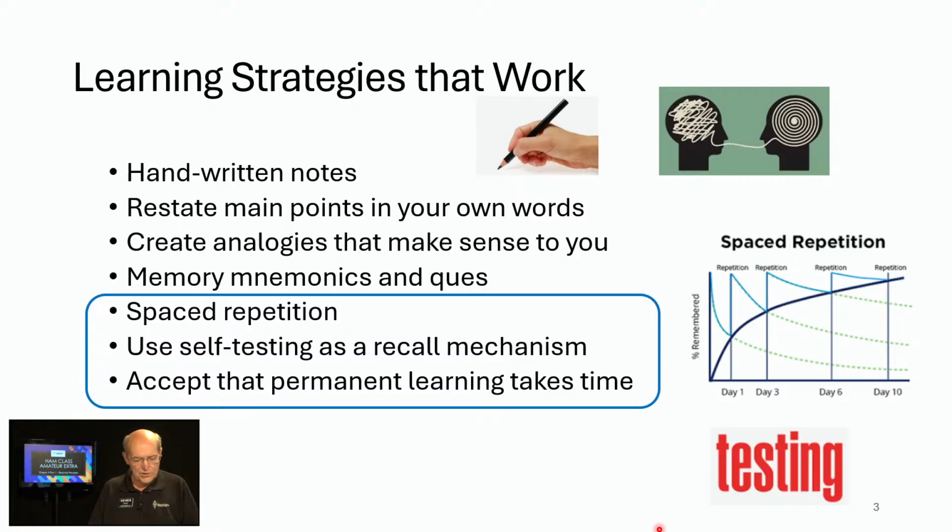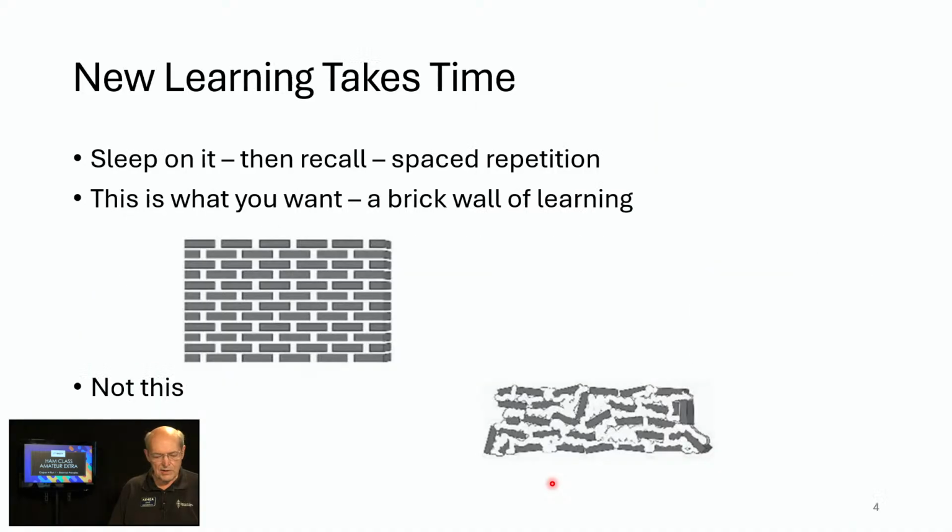And spaced repetition is one way to do that. Self-testing and spaced repetition kind of go together if you're using the exam review tool. And then keep at it. It takes time for all of this stuff to sink in, so that's important. We want to wind up with a solid brick wall of learning, which means you just have to keep at it. What you do in between our class sessions is probably as important, if not more important, than what we do during the class.